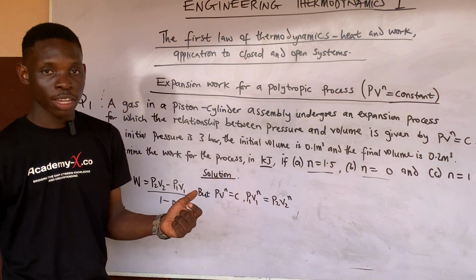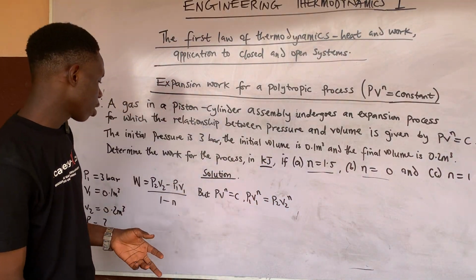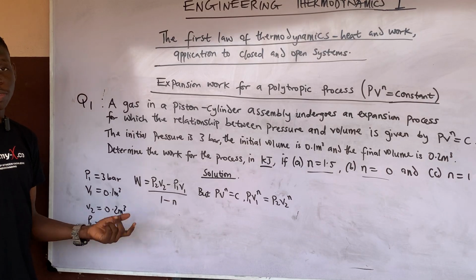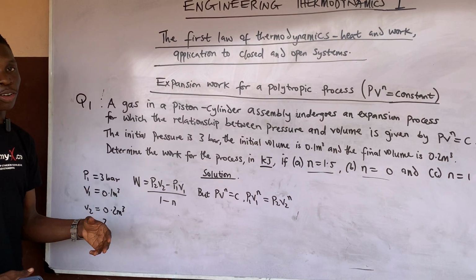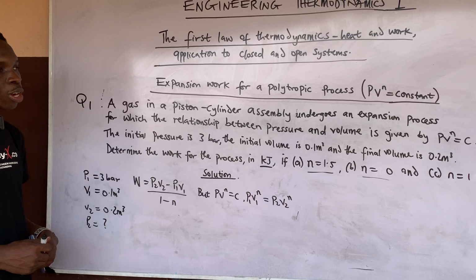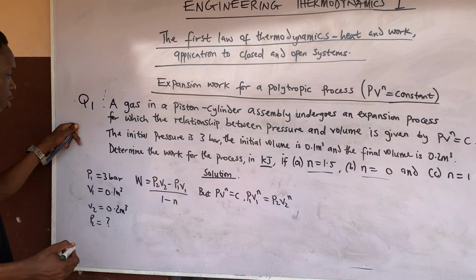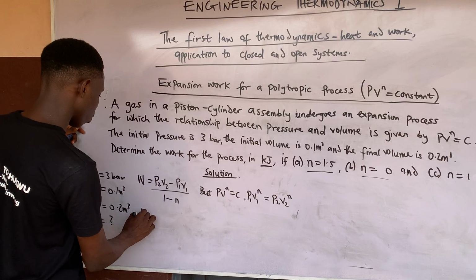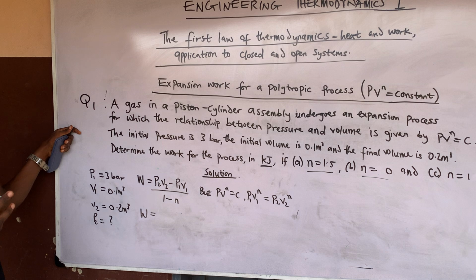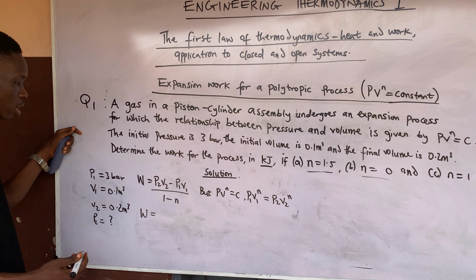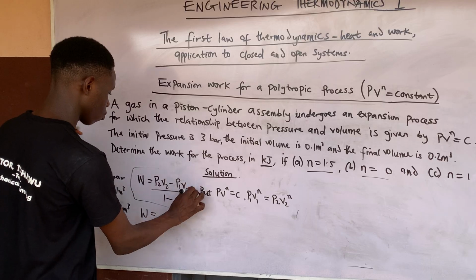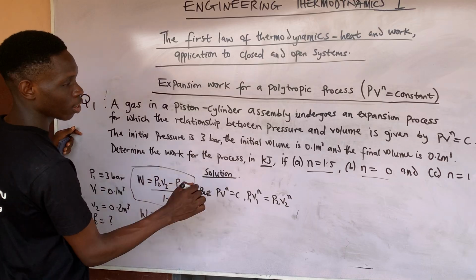Now the last case, when n equals 1. When n equals 1, I told you earlier that the denominator becomes 0 and we get an undefined result. So what do we do? We apply the other formula that we got. W for a polytropic process when polytropic index n equals 1 is given by, so we are no longer using this one, it is out. We are not using this to calculate for n equals 1.